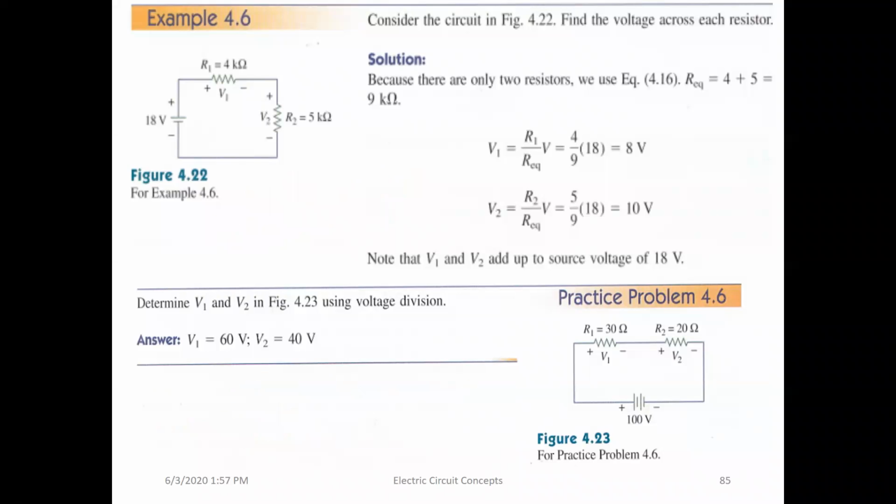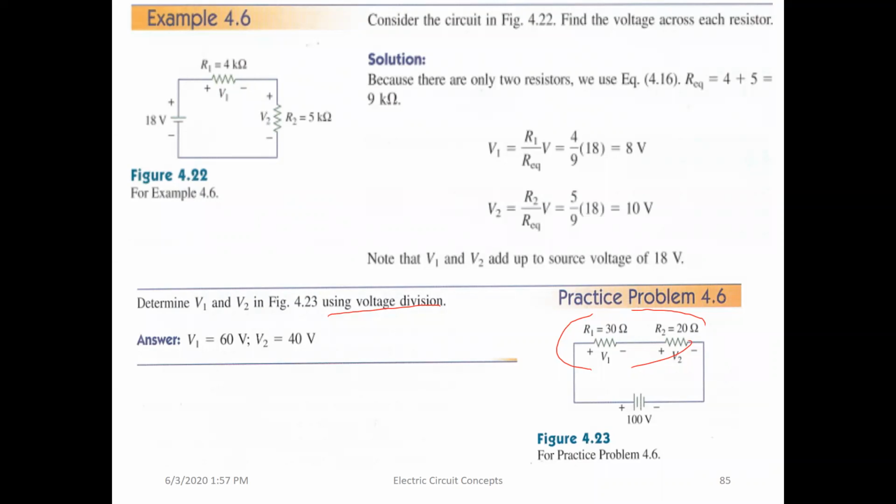Okay, let's check here. We have R1 equal to 30 and R2 equal to 20, and we need to use voltage division. Voltage division is derived from using Ohm's law twice. First we find I, which is 100 over R equivalent, and then we use Ohm's law across each resistor to determine V1.